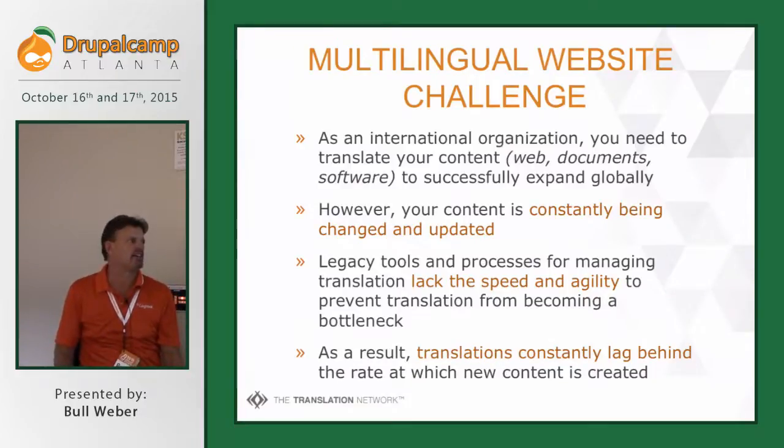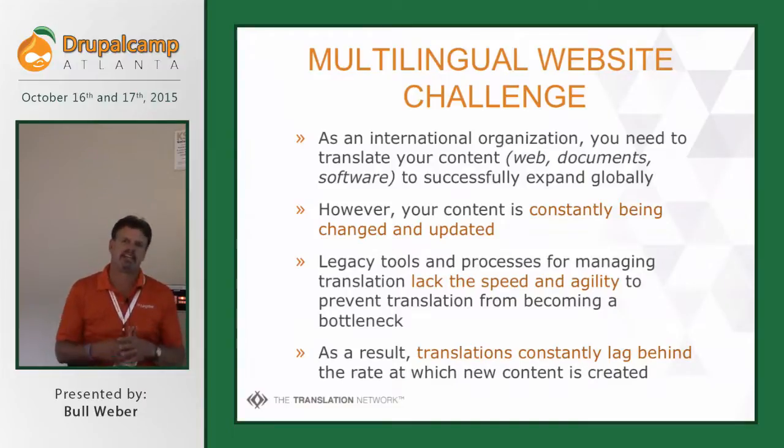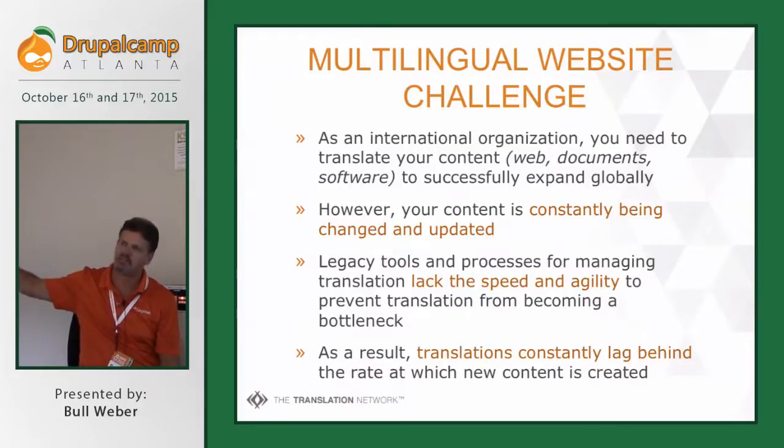The rate at which content is being created is accelerating like crazy, and traditional offline processes involve identifying content that needs to be translated, yanking it out of the website, sending it off by email or FTP to some process into which there's no visibility, getting it back, only now it's in Russian, you don't speak Russian, how do I deploy this on the website, all those sorts of things.